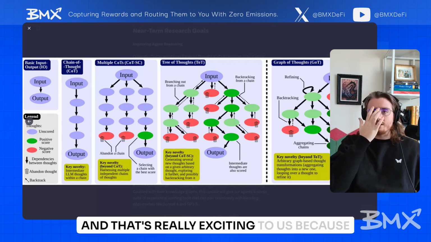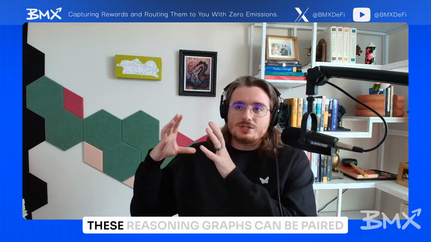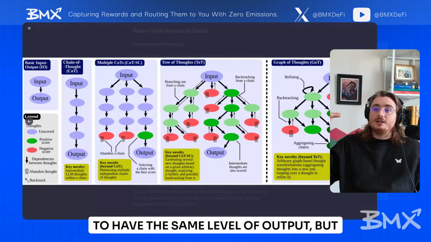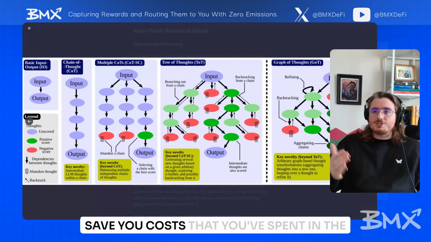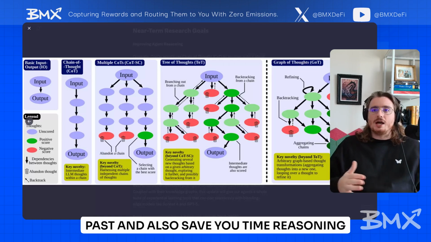And that's really exciting to us because now potentially, especially if you've been using your agent for a long time, these reasoning graphs can be paired with the knowledge graph to create a way to have the same level of output, but save you costs that you've spent in the past, and also save you time reasoning that you've put in the past.